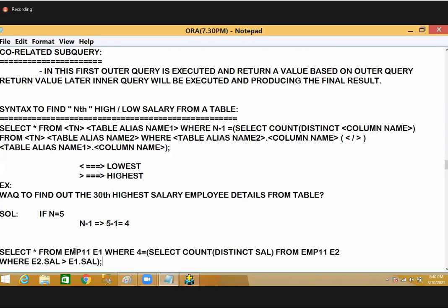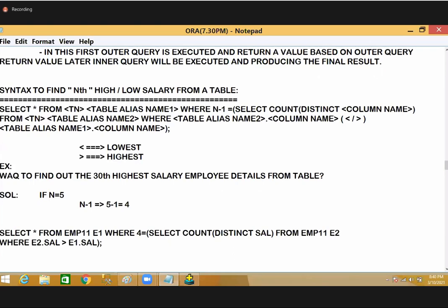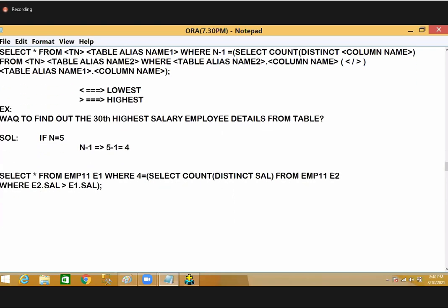What is your query solution here? If I want to find out the 30th, then 30 minus 1, 29, and 29 I can keep here.